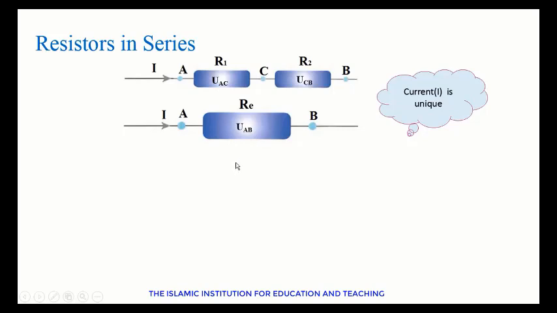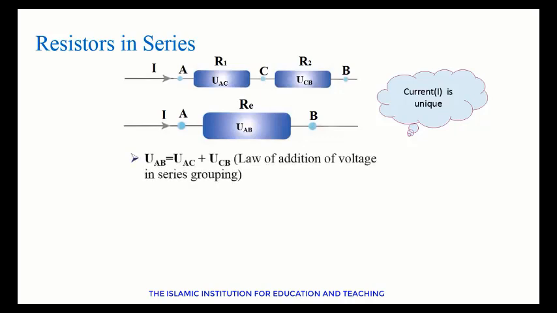Then, to derive the formula, let's write UAB equals UAC plus UCB, which is the law of addition of voltage in series grouping.